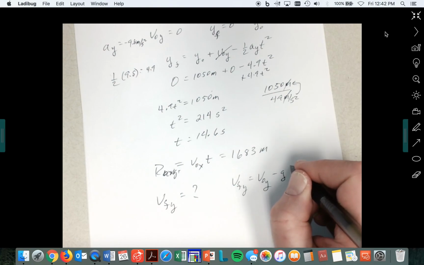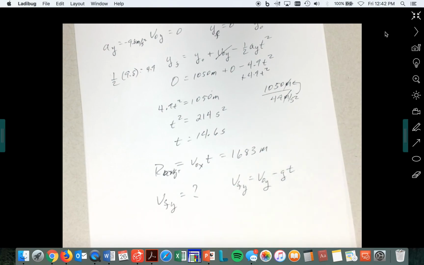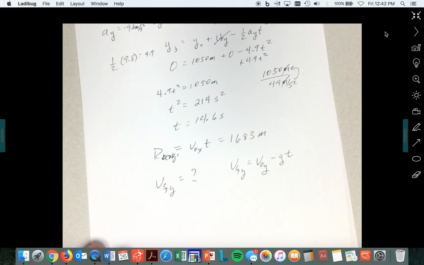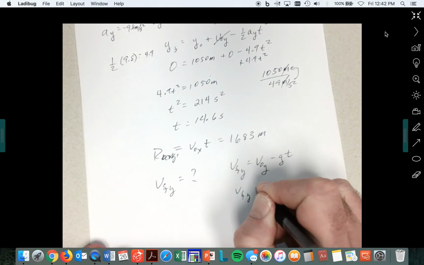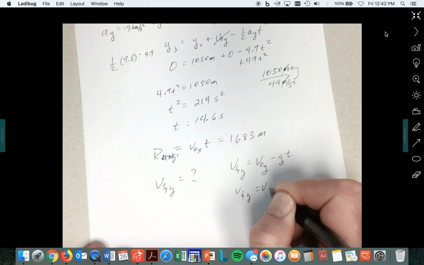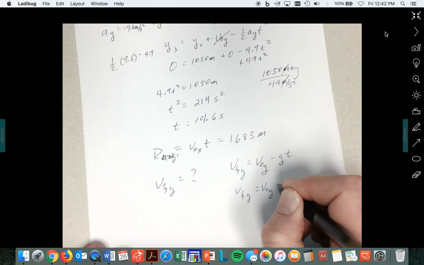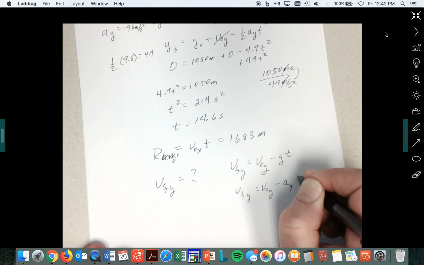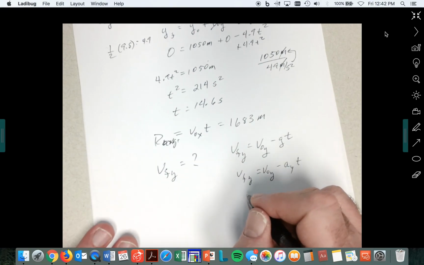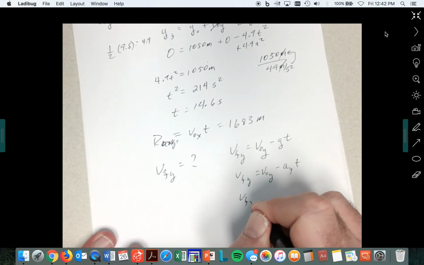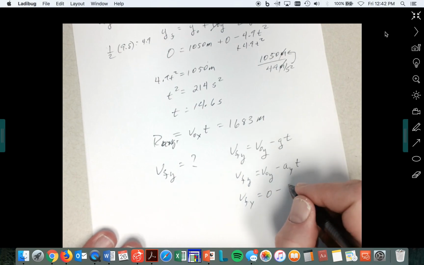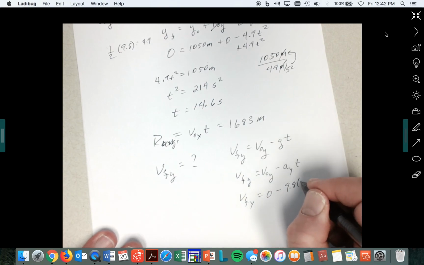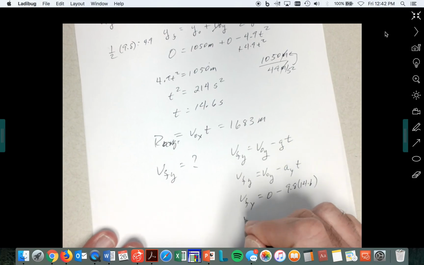Because that's the acceleration times time, where we said ay was equal to g. So we've got v final y is equal to 0 minus 9.8 times 14.6.